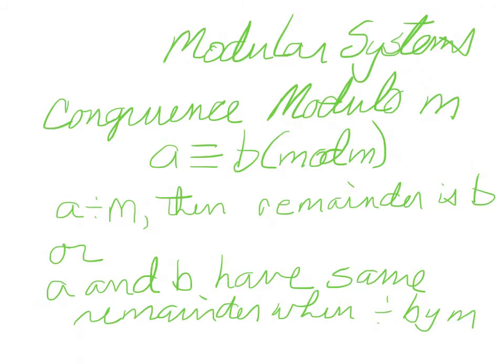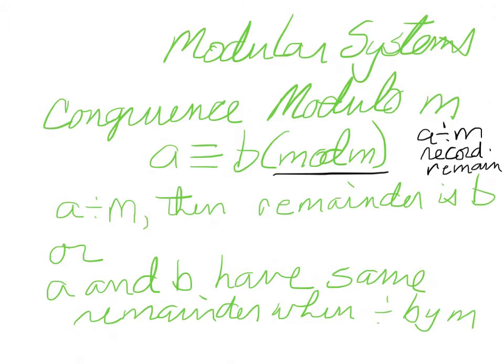So I'm going to talk about modular systems, which is the end of section 13.2. And what we're going to do is introduce a topic called congruence modulo M. It's a new definition where I write A is congruent to B in mod M arithmetic. So what's this mod M arithmetic? Well, it's what we've been doing on a number of examples since the last time. It's where we take A divided by M and then record the remainder.